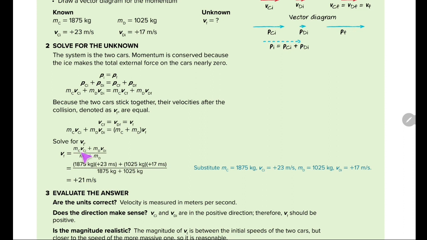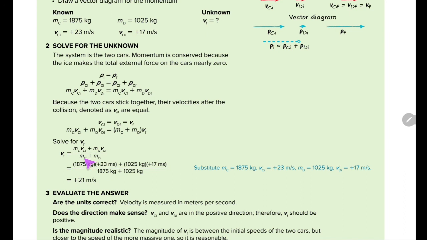We have the numbers. We have m for car C, which is 1875 kilogram, multiplied by the velocity of the first car, which is 23 meter per second, plus the mass of the second car, which is 1025 kilogram, multiplied by 17 meter per second.